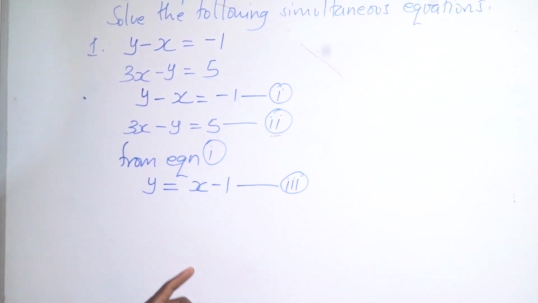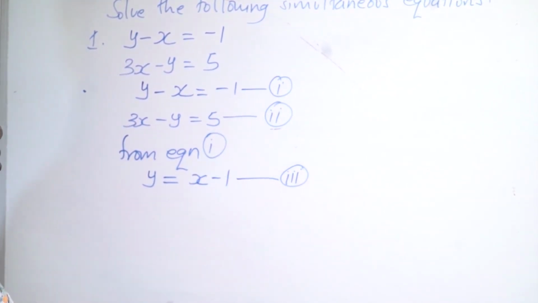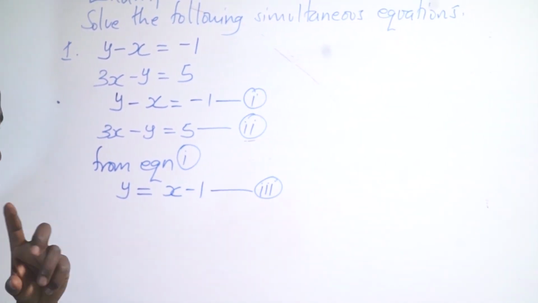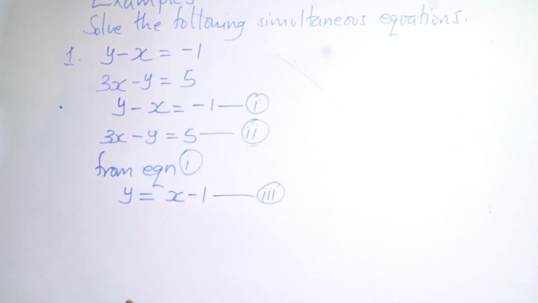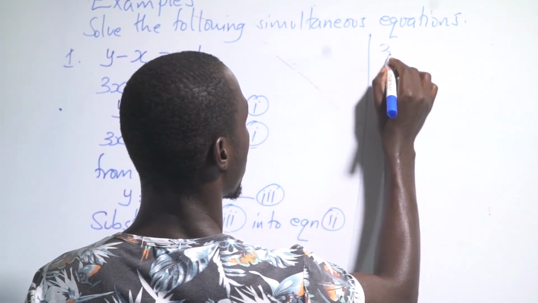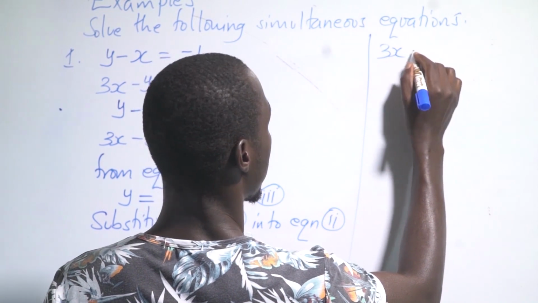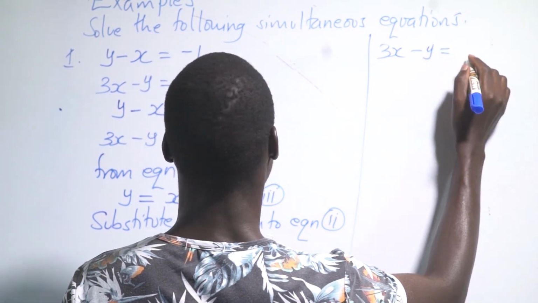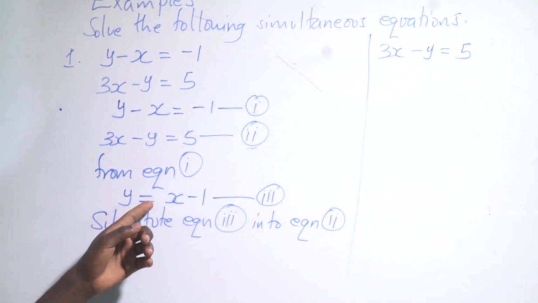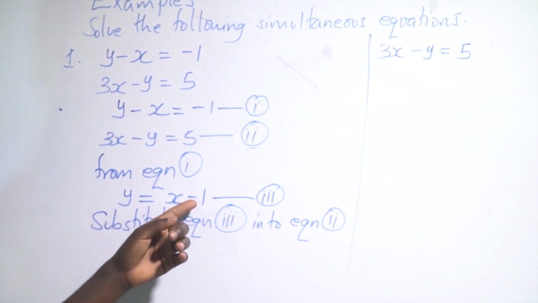Then now I'm going to put equation 3 into equation 2 such that I can eliminate one of the unknowns. So my equation 2 is 3x minus y is equivalent to 5. Then where I see the y, I'm going to put x minus 1.